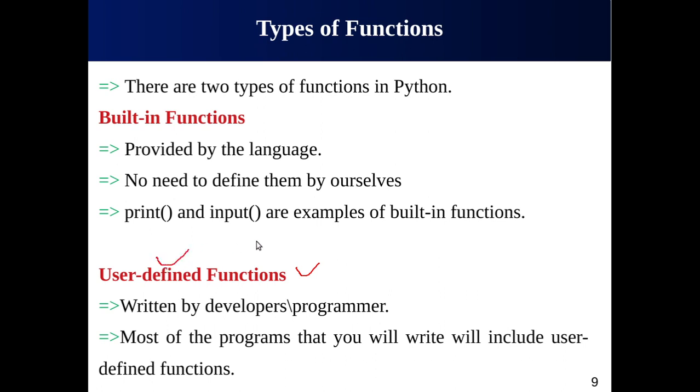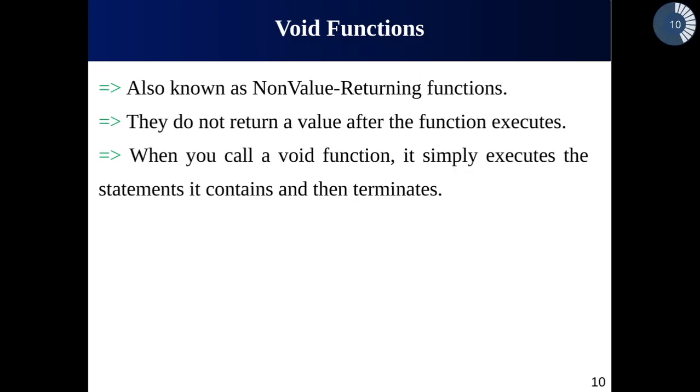In the case of user-defined functions, we have void functions and value-returning functions. Void, as the name indicates, returns nothing. When you call a void function, it simply executes the statements it contains and then terminates. In other words, it will not return anything back to the location from where it was called.